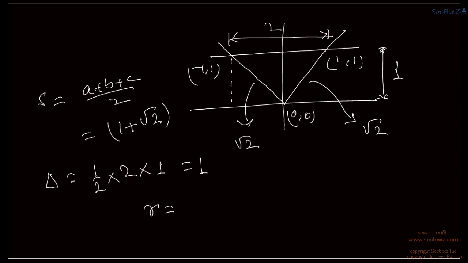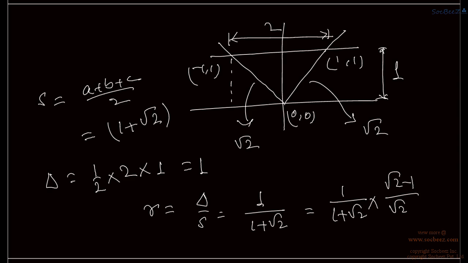So we have the inradius as delta upon S, which is equal to 1 upon 1 plus root 2, which can be equivalently written as 1 upon 1 plus root 2 times root 2 minus 1 upon root 2 minus 1, which is equal to root 2 minus 1, right? So the inradius is root 2 minus 1. That means, suppose here is the incenter, this length is the inradius r, which is root 2 minus 1.